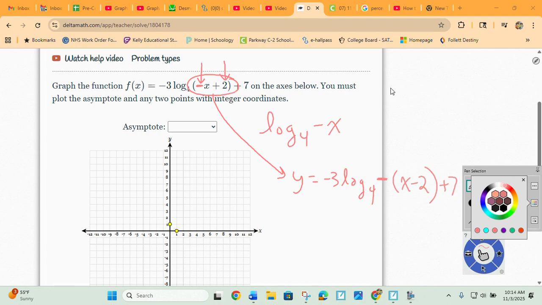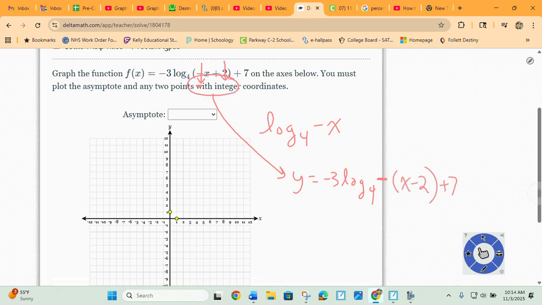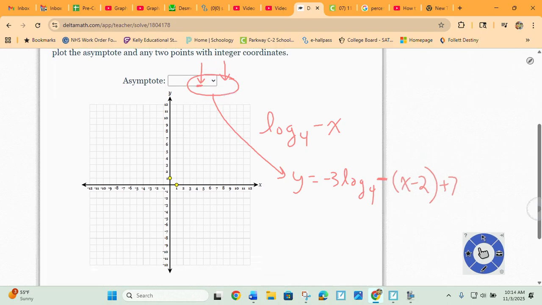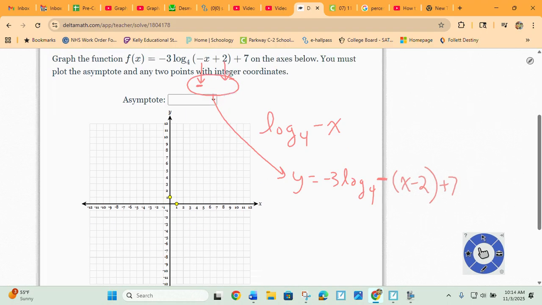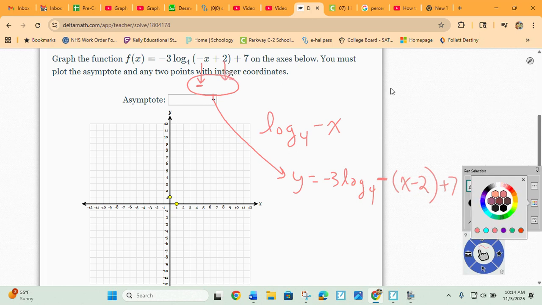That means that when we're going to graph this, we are still going to do our table, right? So our table, if we had y equals 4 to the x, it's going to be 0 and 1, and 1 and 4, right?